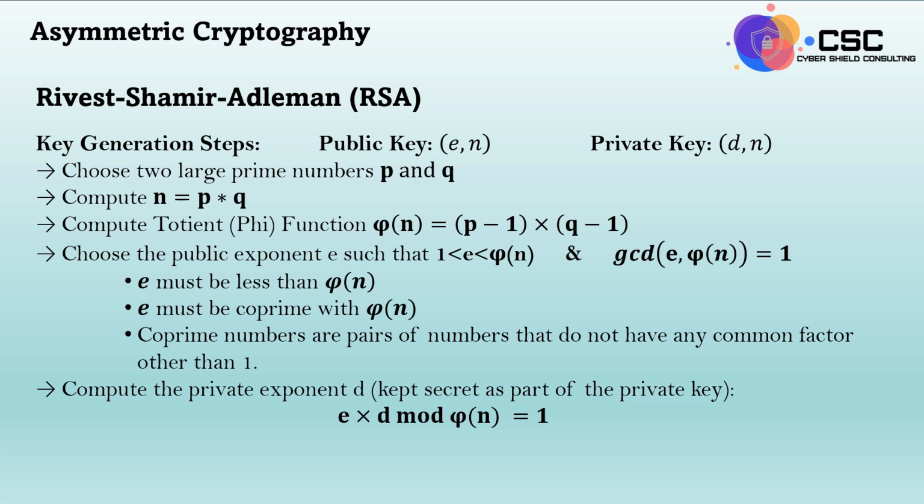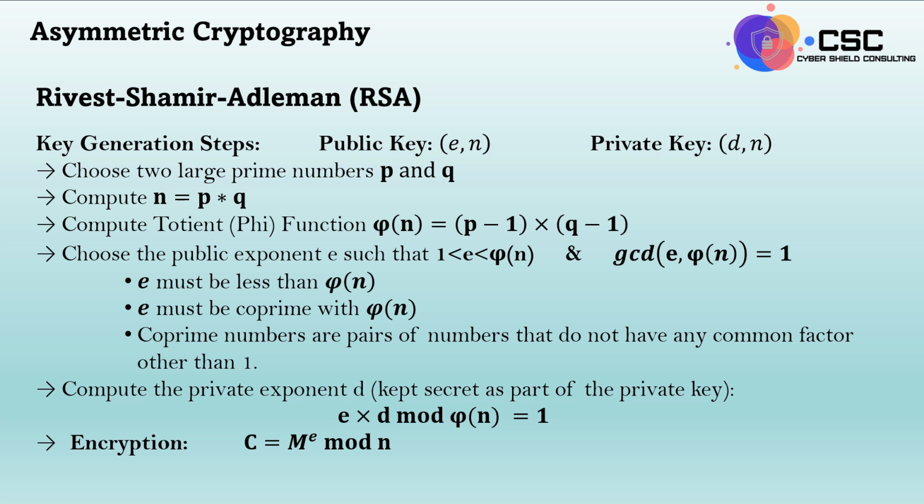Now let's see how encryption works. To encrypt a message M, we use the public key, e and n, and apply the following formula. So the ciphertext equals the message raised to the power e mod n. This transforms the plain text message into an encrypted ciphertext C, which can only be decrypted by the corresponding private key.